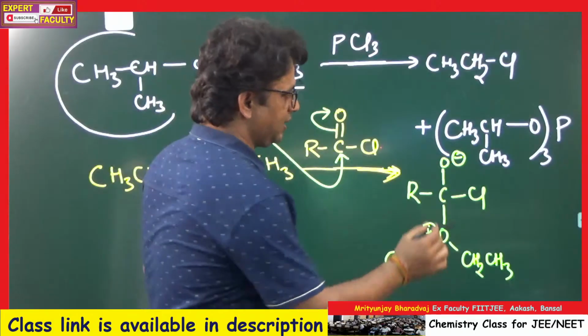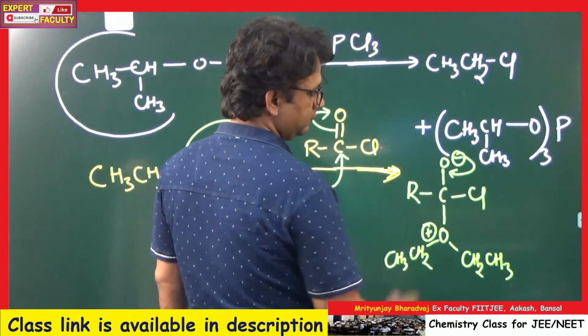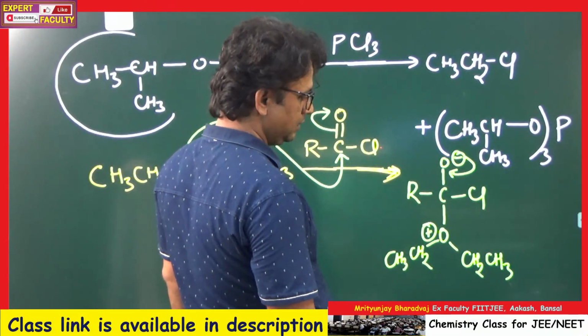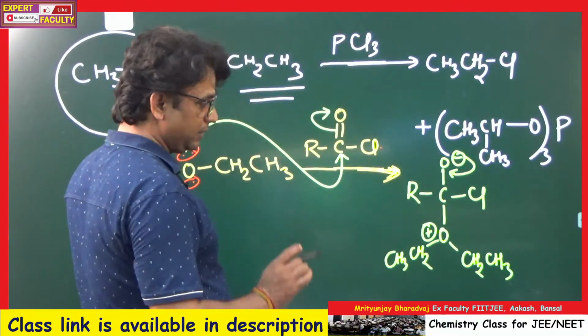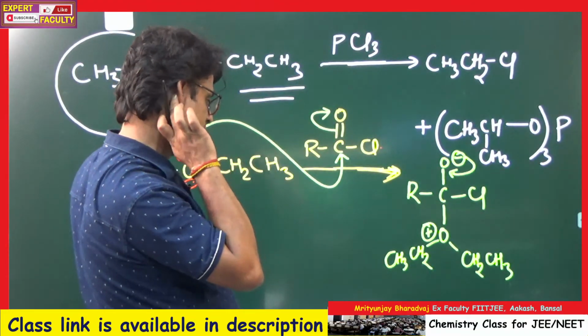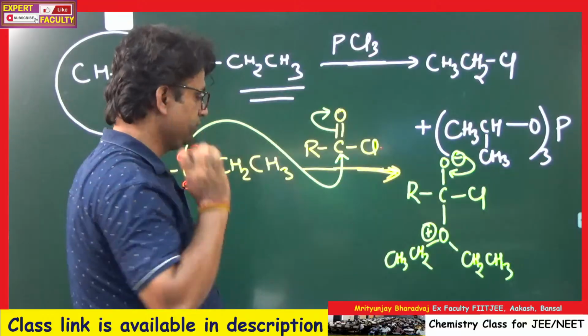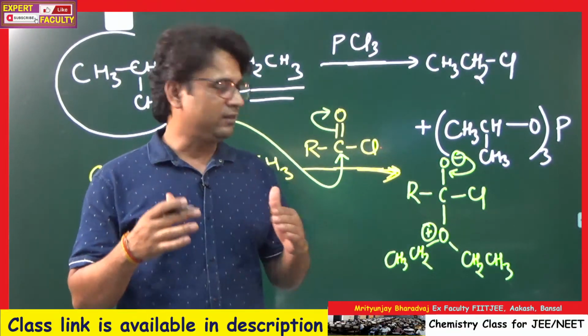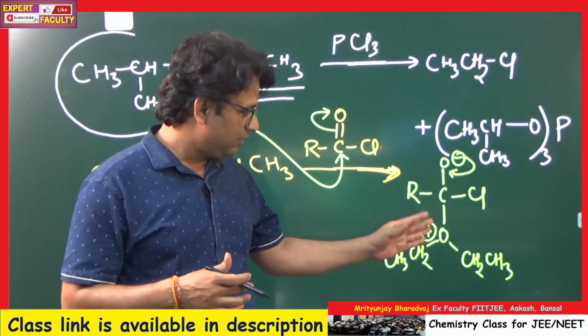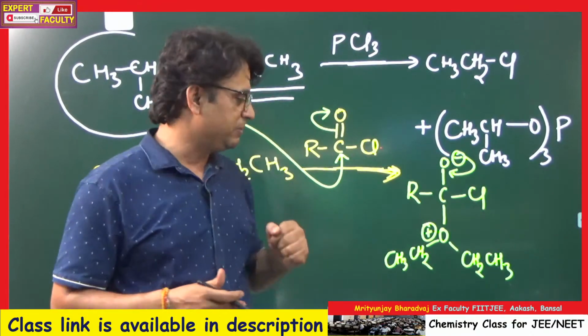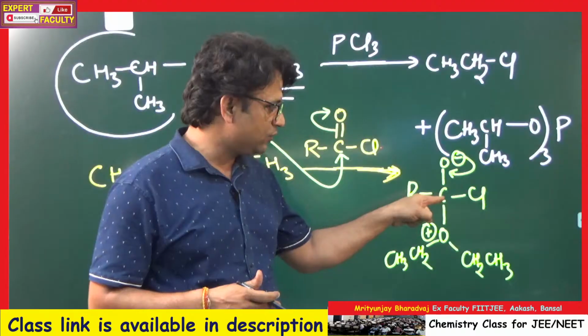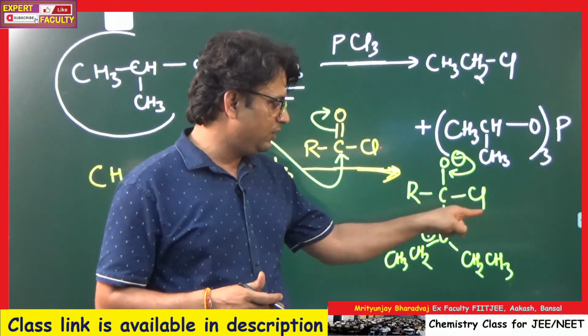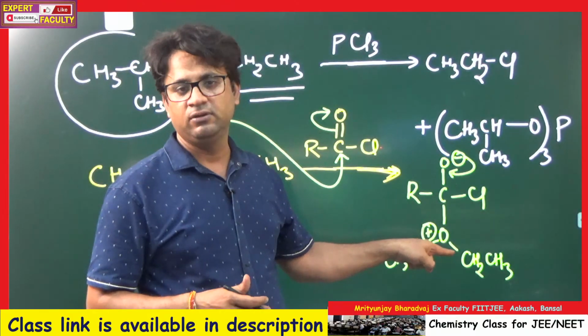This negative charge will return and Cl will leave. But before that, the mechanism raises a question: when the negative charge returns, will the Cl leave or will this oxygen leave? What do you think?